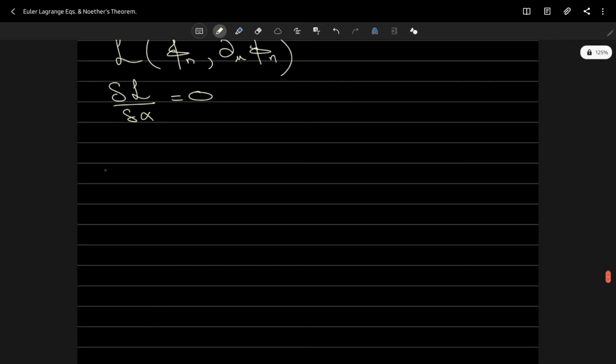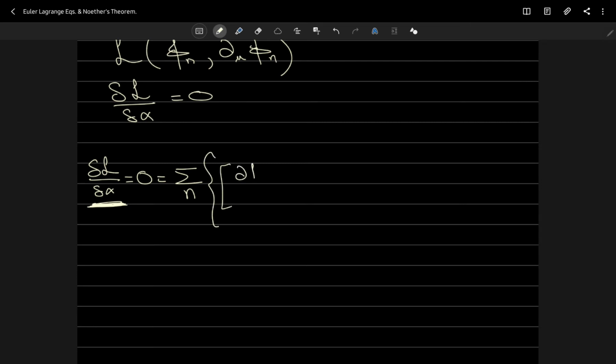The equation over here would be that this delta L over delta alpha, which is equal to 0, is equal to, if we write down this expression, remember that we have more than one field, so we will sum over n, and we have partial L over partial phi n minus partial mu partial L over partial partial mu phi n, times delta phi n over delta alpha.